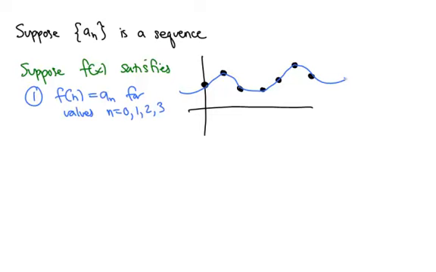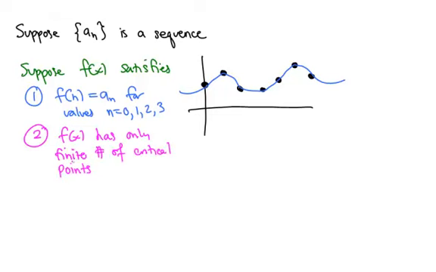So think of it as the sequence is a bunch of dots, and the function connects the dots. But I'm also going to add a second criterion, that the function f of x has only a finite number of critical points. So remember, critical points are discontinuities and bends on a function.